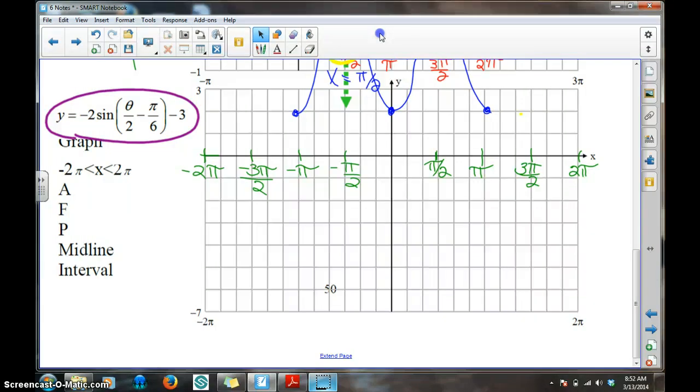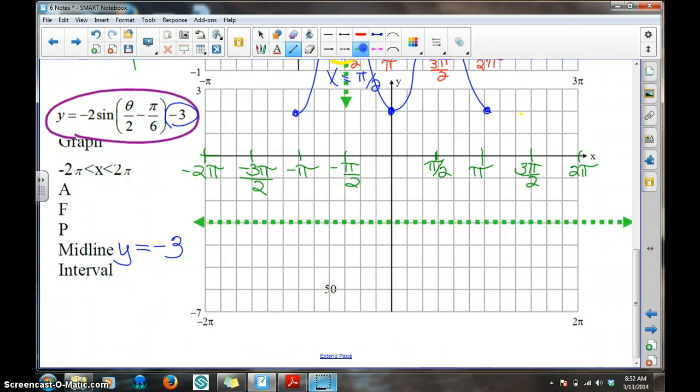And now I'm going to move my axes. A -3 makes a midline of y equals -3, and it essentially moves my x-axis down 3 units. This is my y equals -3. A minus pi over 6 is going to effectively move my y-axis right 1 box.